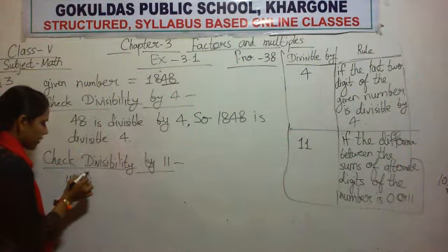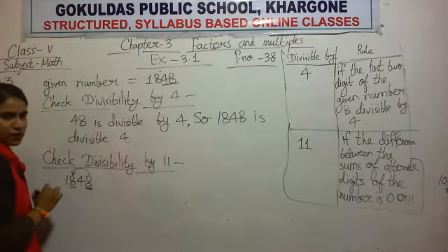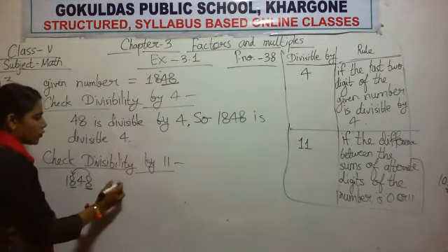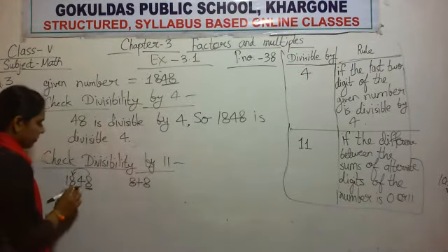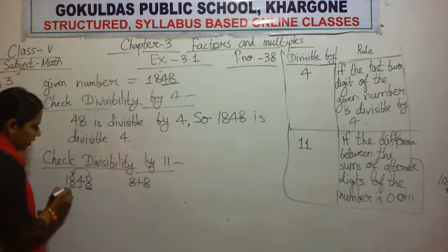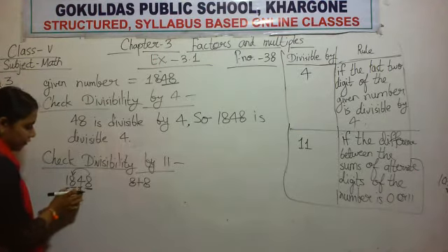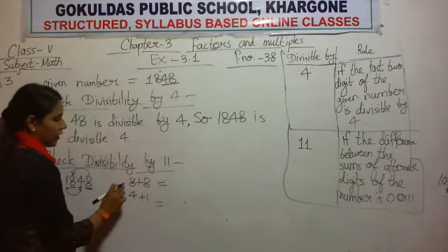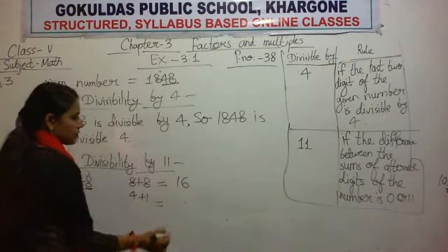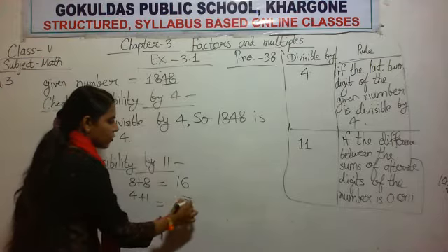When you skip one digit, you will get this 8, right? So you have to add both these numbers, 8 plus 8, and later the remaining two digits alternately, 4 and 1. 8 plus 8 is 16. 4 plus 1 is 5.